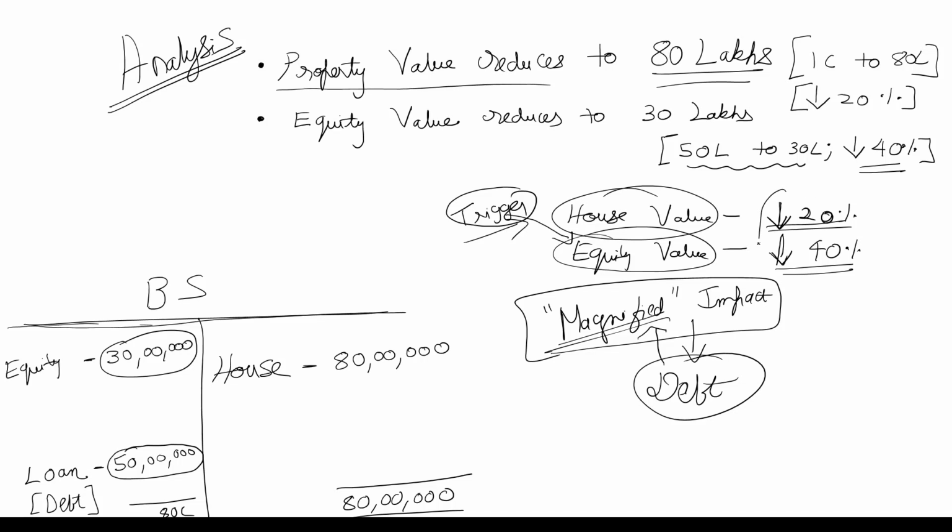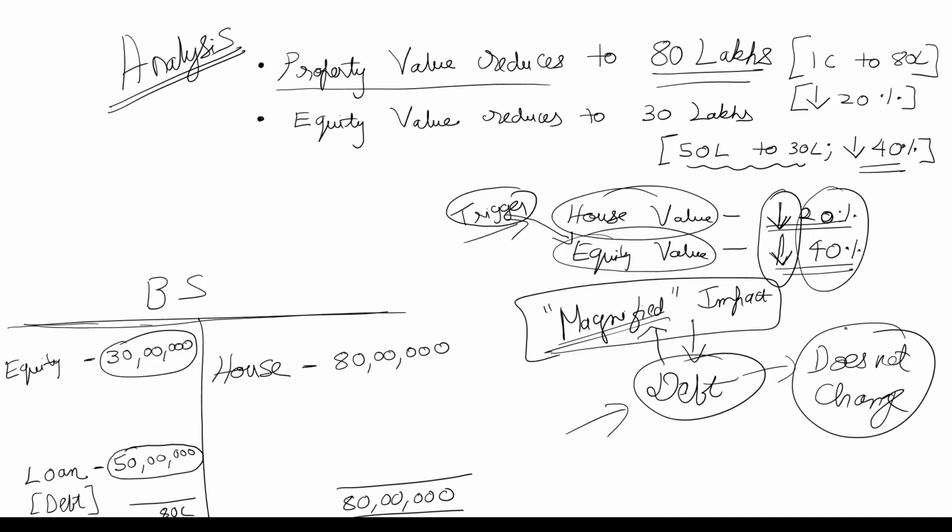So the direction is the same, but you will see a magnified impact, and in both cases the reason for the magnified impact is debt, because debt does not change. This value does not change, so it does not participate in the drop or increase in the value of the house. So the conclusion is there is a magnified impact that is called the leverage effect, and this leverage effect is because of debt.